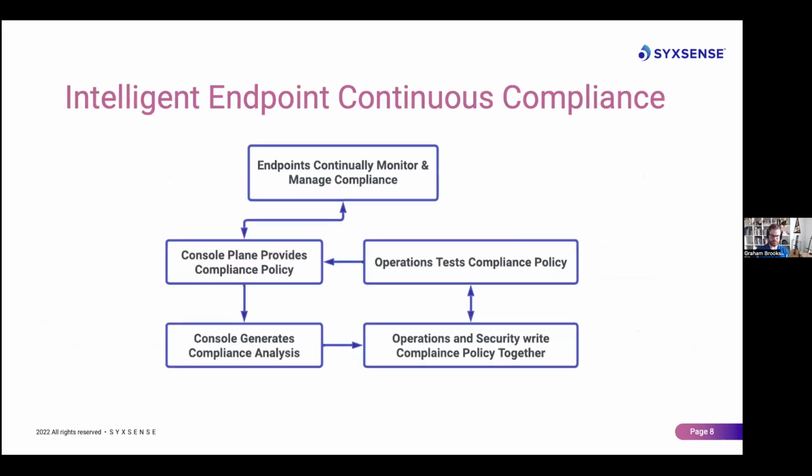On the other side, we have our continuous compliance model, which has been reduced down to 5 steps. And it's no longer a cycle. It's now a cycle with an exit point.